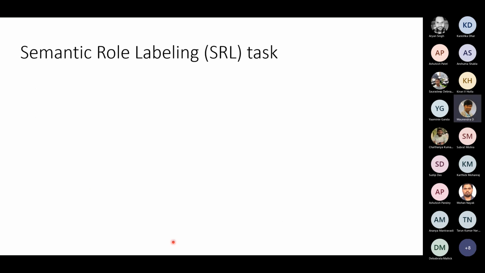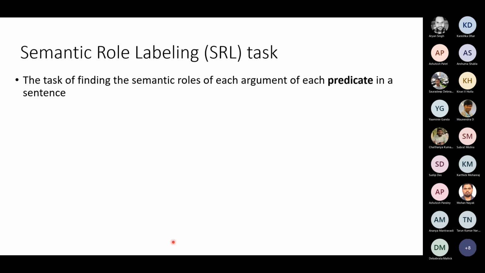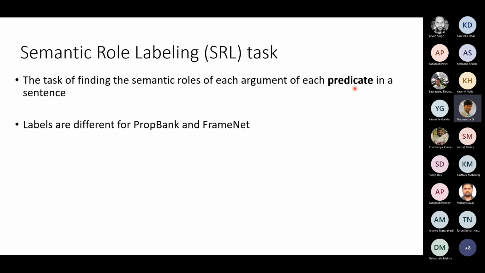Now talking about the task. The predicate is essentially a verb for which we want to identify the semantic roles. So the task is finding the semantic roles of each argument of each predicate in a sentence. And as we said, these are commonly designed as machine learning tasks.